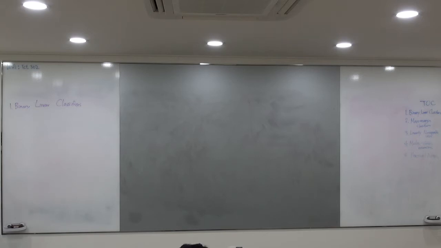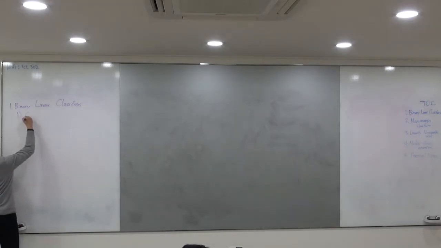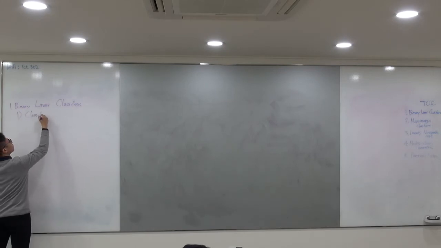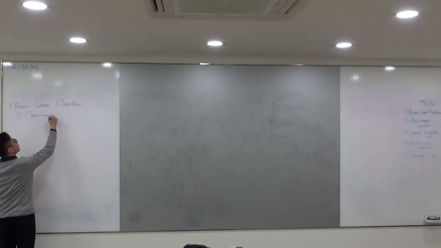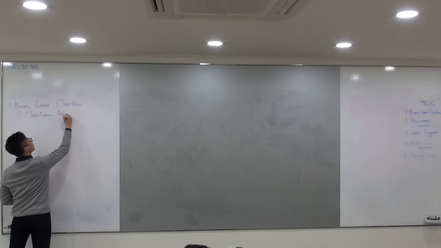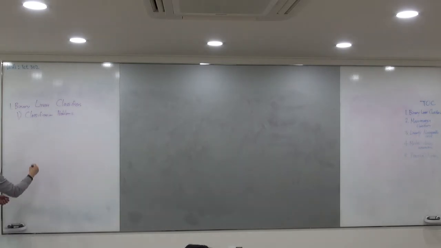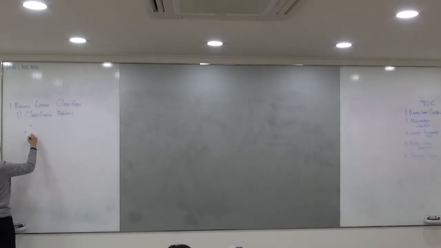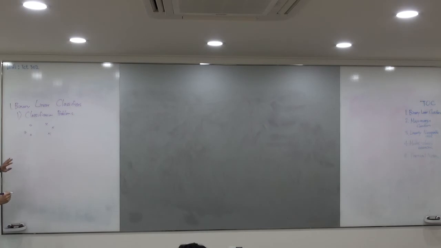Let's first talk about the classification problem in machine learning. Classification problem is separating data points in the vector space, feature space, into their original categories. Then there are two major approaches in machine learning to solve classification problems.